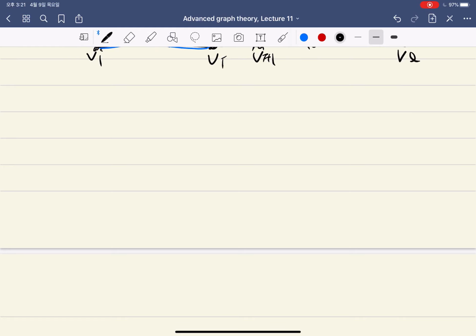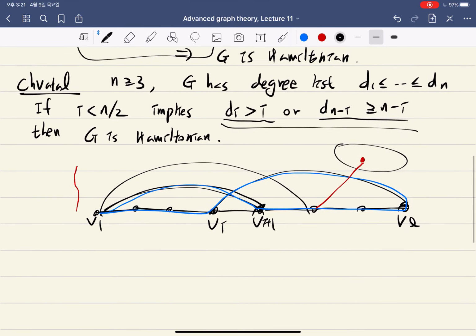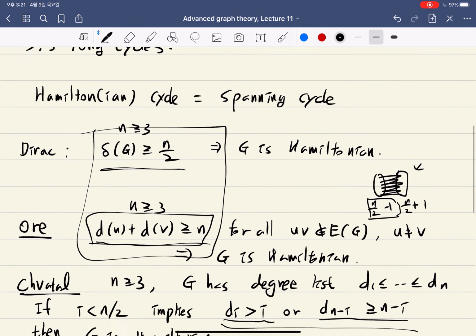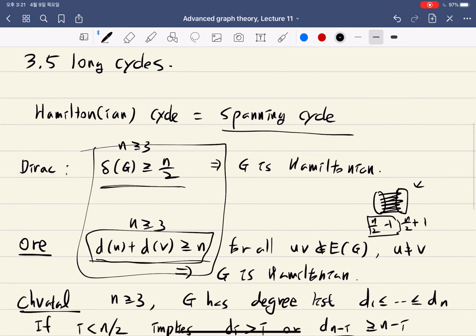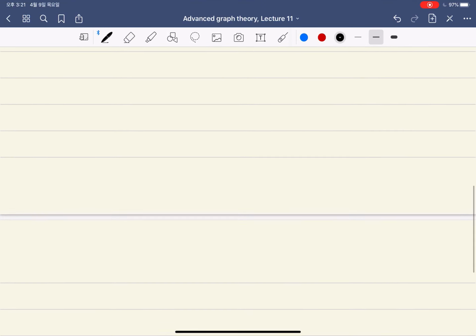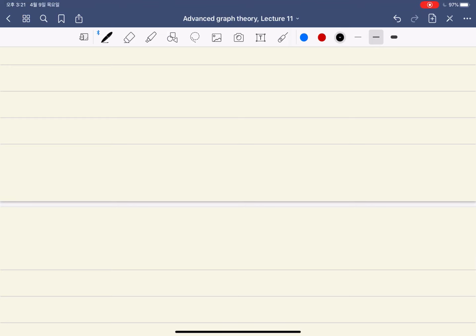And we can not only talk about the spanning cycle, but we can instead ask about the longest cycle. Even if some graphs are not Hamiltonian, we can still ask what the longest path or longest cycle is. Even if a graph doesn't contain a spanning cycle, does it contain a cycle of length n minus 1 or n minus 2?